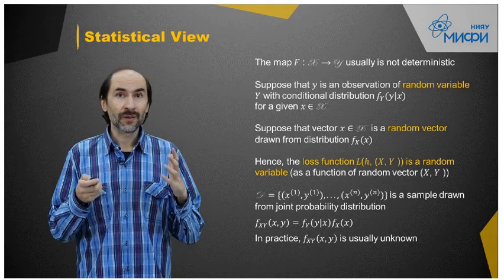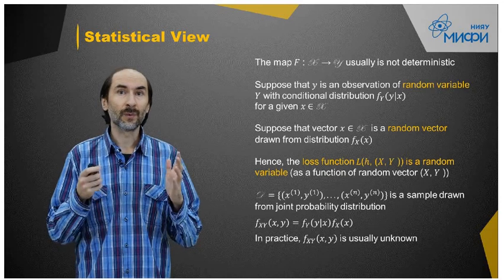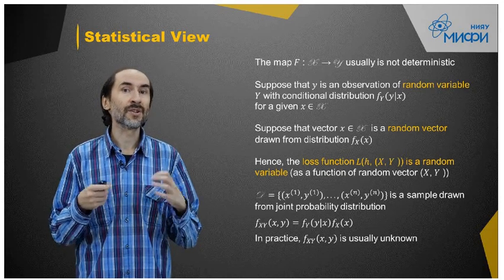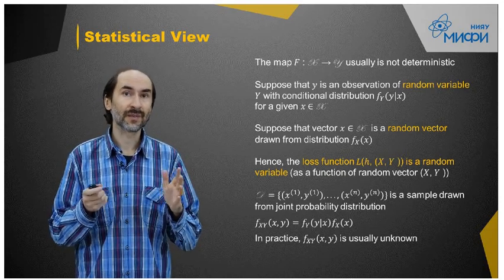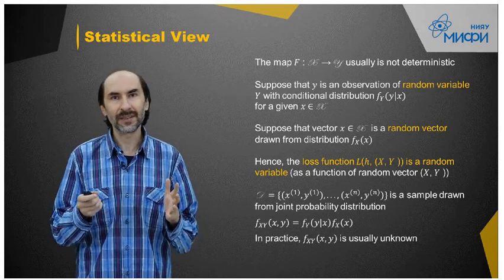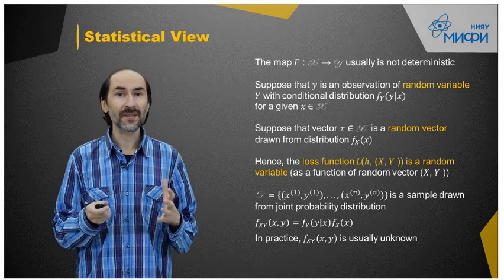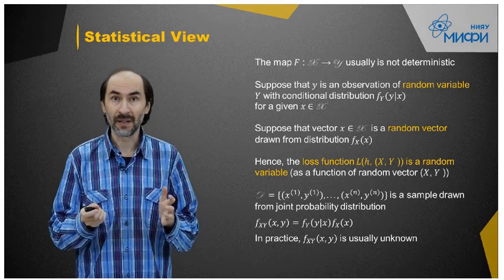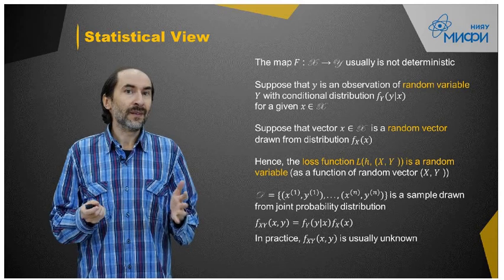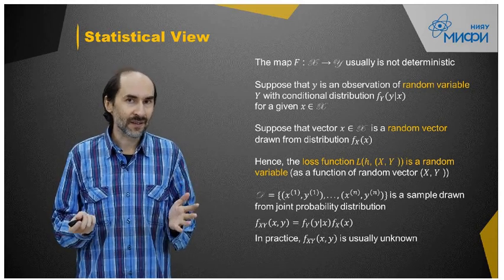Applying the well-known formula from probability theory, we write the expression for the joint distribution f of x and y. This joint distribution contains exhaustive information about the mapping under modeling, and in practice it's usually unknown. Indeed, if it were known, the machine learning wouldn't be necessary at all.